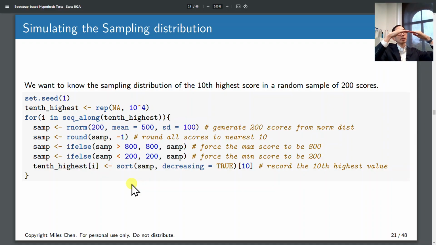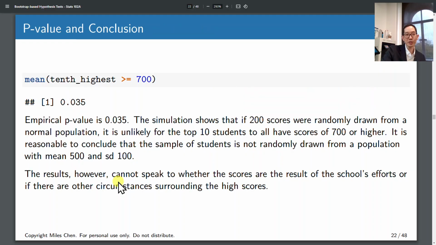I just want to know, is that score 700 or higher? If it's 700 or higher, then all 10 top students have scores of 700 or higher, and if not, then no. So we sort them in decreasing order, record the 10th highest value, and want to know how often that 10th highest value is 700 or higher.